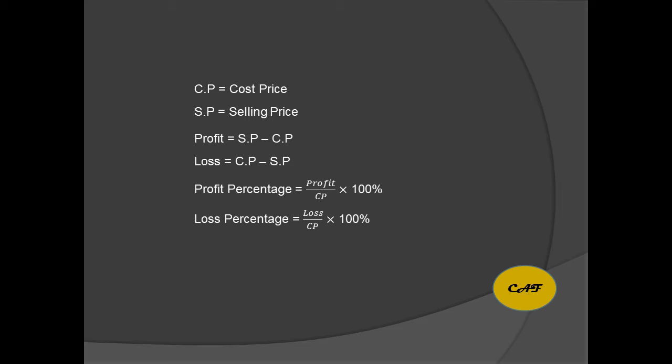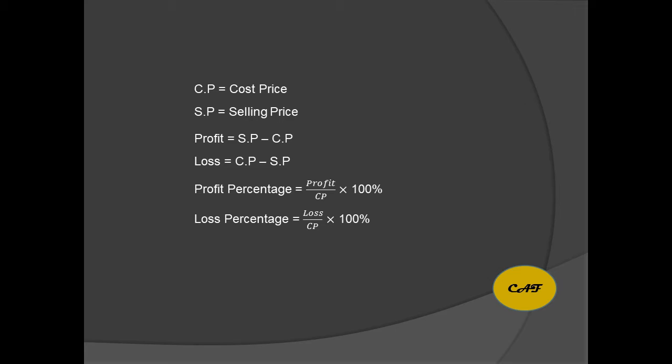Profit: if you are selling that object for more than the buying amount, then it is called profit. If you are selling for less than CP, then that is called loss. Coming to percentage, it means how much profit percentage you got while selling that object for more than the CP.